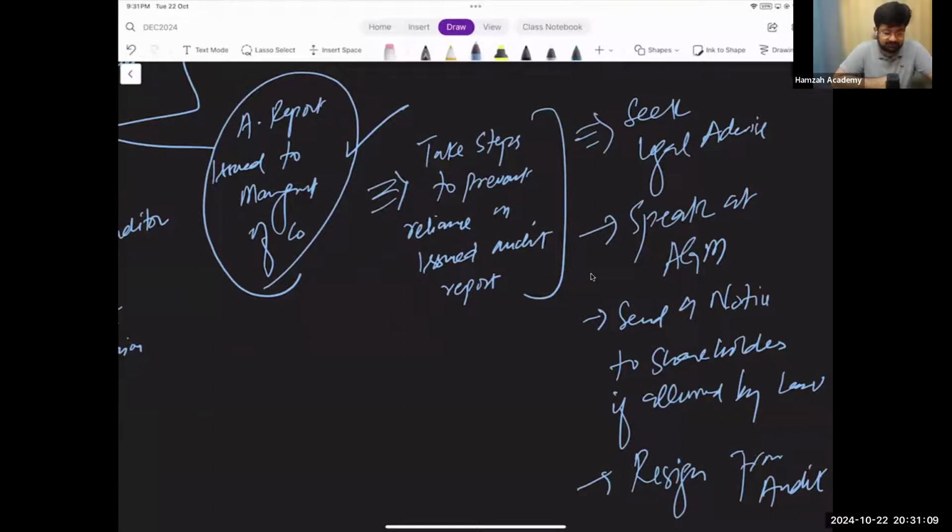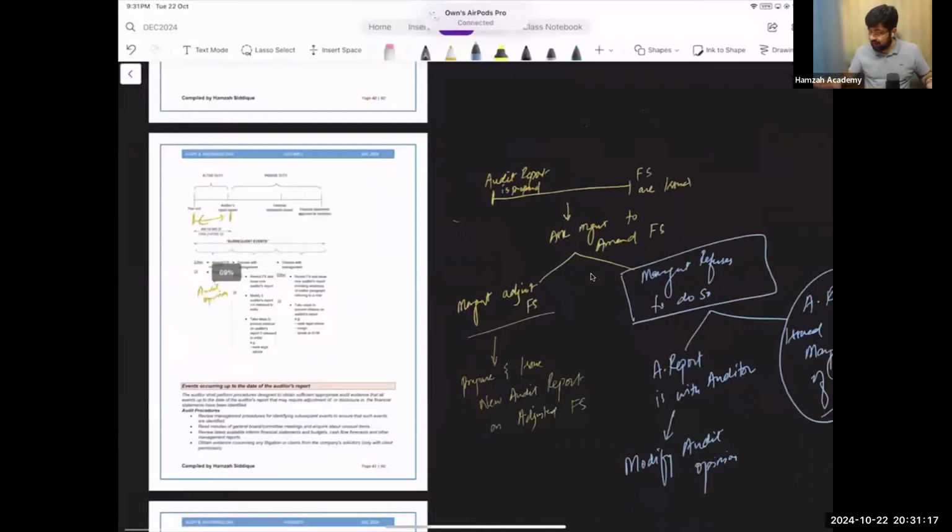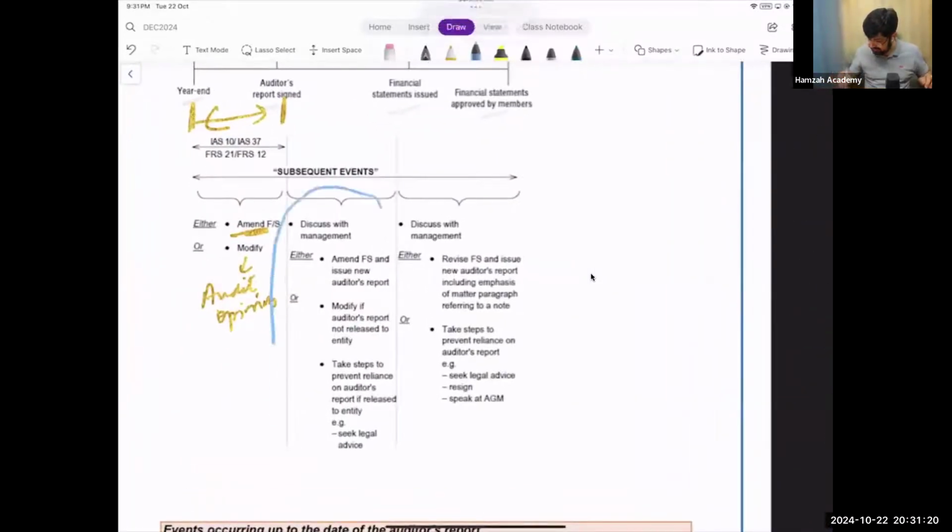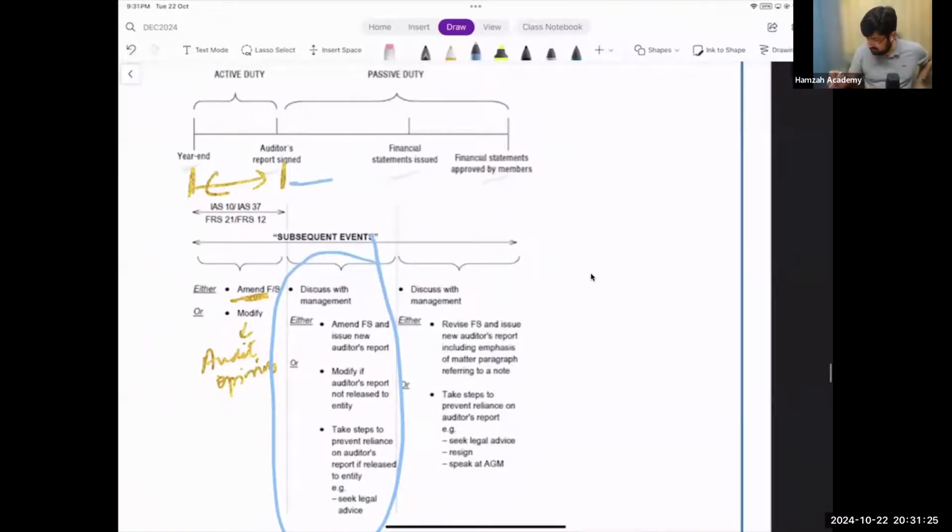Let us proceed further. If there is any confusion, you can ask. So I have explained basically this section. Now, all financial statements have been issued, but before AGM, any facts come to the knowledge of auditor. Financial statement issued means audit report also issued to the public, to the shareholder.